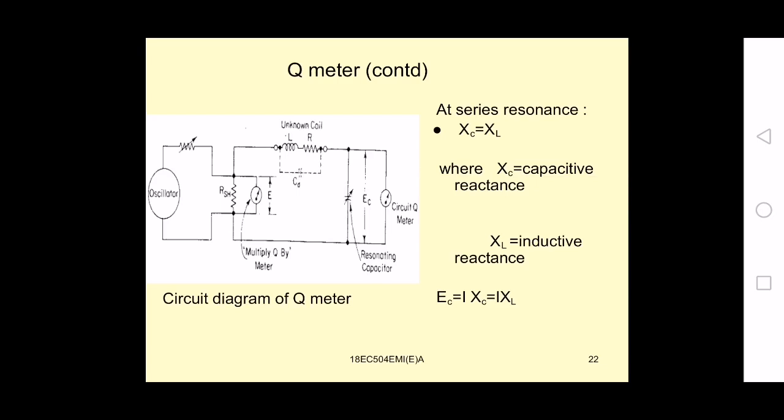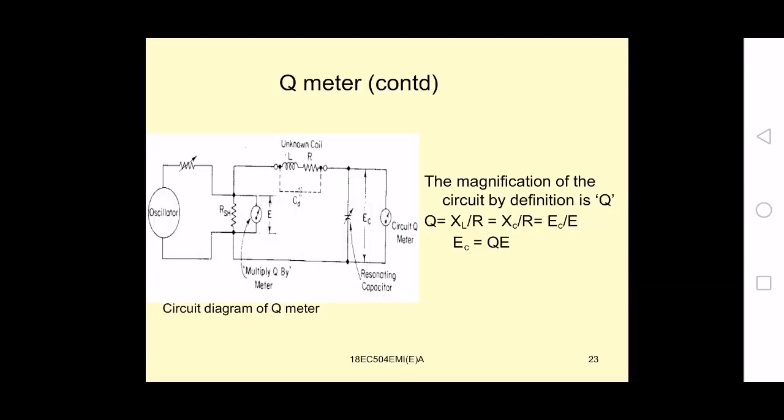For this to happen, you have to change either the oscillator frequency or the resonating capacitor so that the circuit is under series resonance. Then Q will be equal to XC by R, XL by R, so EC will be equal to Q times E.